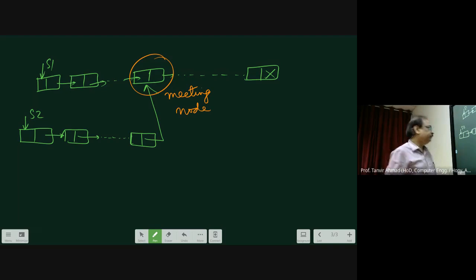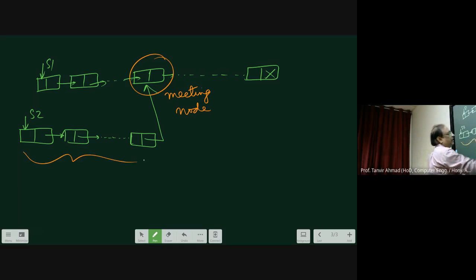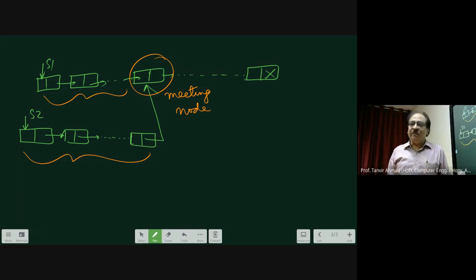Now here, this could be any number, and this could be any number. Now I propose solution number 1, and you tell me, is it a good solution or not a good solution?